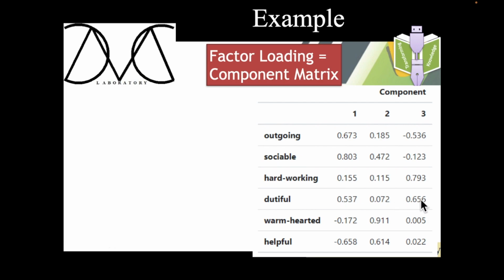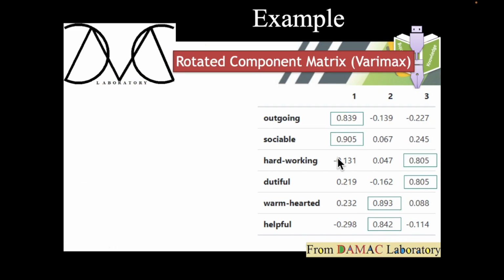See, dutiful can be under factor 1 or factor 3. But after applying varimax, in the rotated component matrix, dutiful has high correlation with factor 3 instead of factor 1.